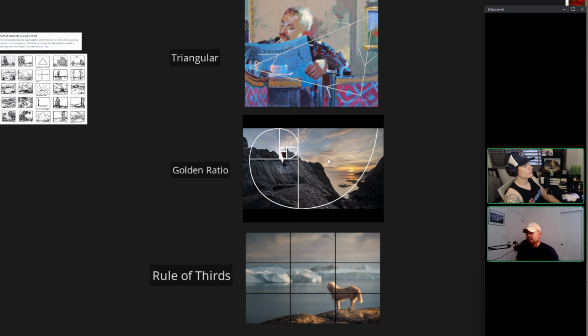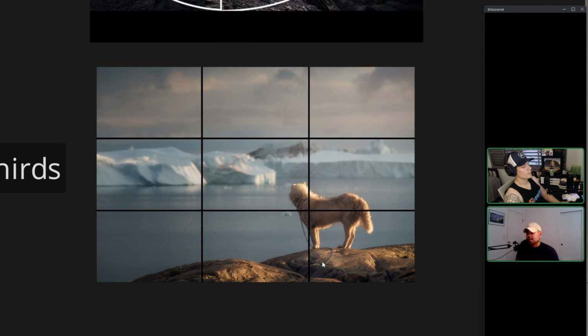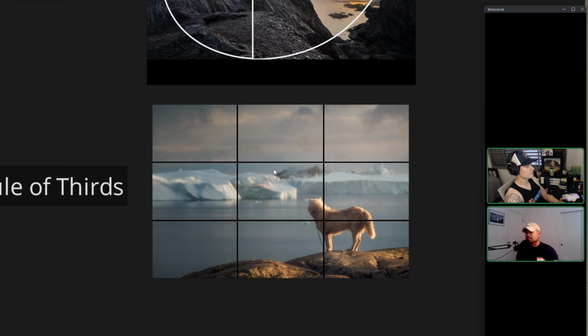Then you have your golden ratio, which has this sweeping curve that goes to the focal point right here. I think this is pretty common in photography too, but you can also do this in art. And then rule of thirds, this is what pretty much everyone uses in art. Probably the most simple and basic one, and I think it works for any occasion.